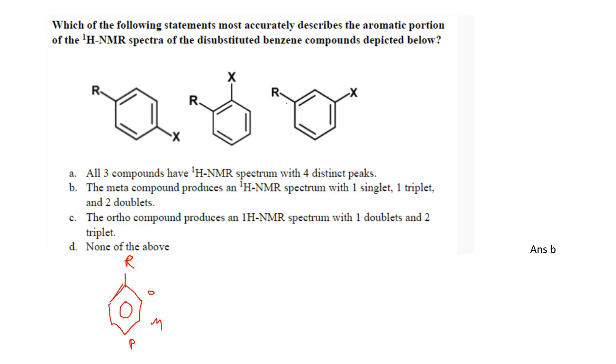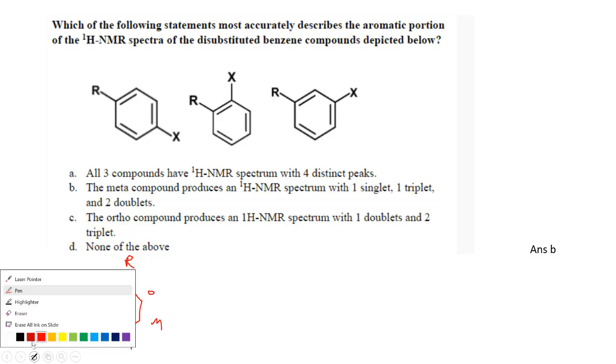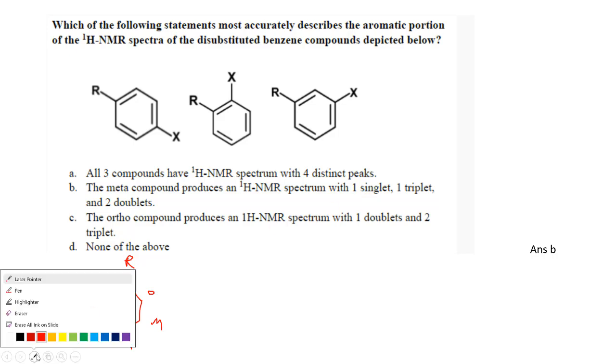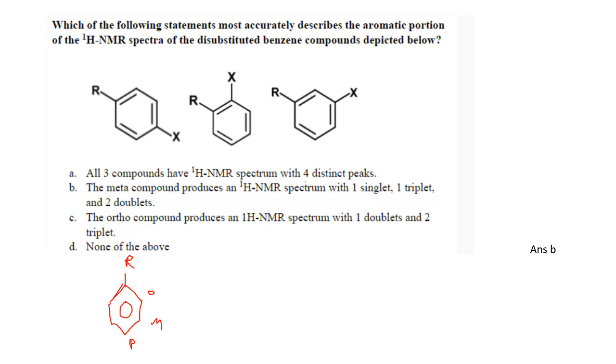Or should I draw it? We are checking not for the carbon, we are checking for the hydrogen atom, basically. So the answer is we'll get one singlet for the hydrogen, one triplet and two doublets. Why one singlet? I think I should write it down here. This is for n equals 0, that means 0 neighboring hydrogen in the case of this bond.